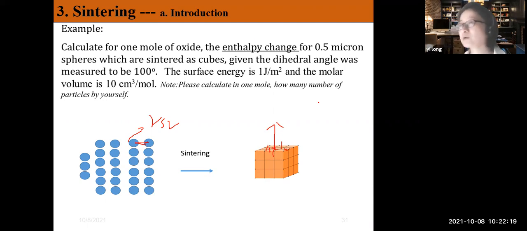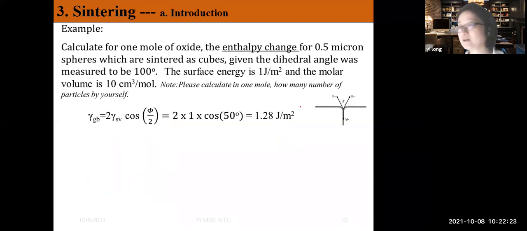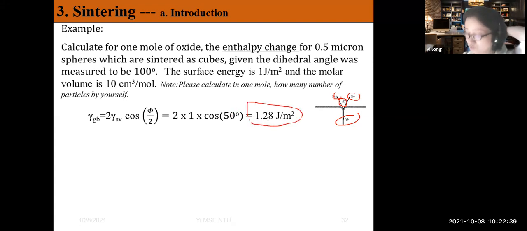We have this equation already, and we know this angle and gamma SV, so we simply use the equation we just learned. Gamma GB equals 2 gamma SV cos 50, which equals 1.28 J per square meter. Continue. We finish this one, then we can have a break.